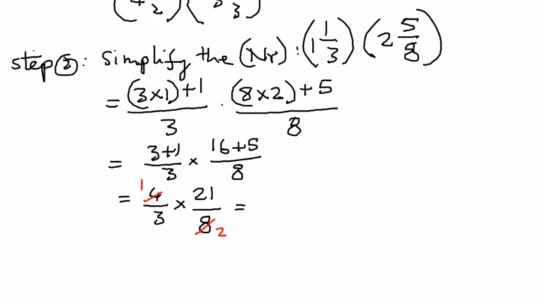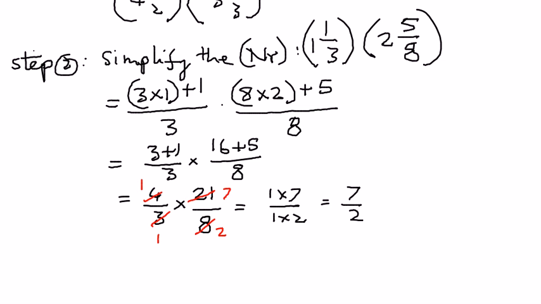And then we have a 21 in the numerator and a 3 in the denominator. 3 times 1 is 3, 3 times 7 is 21. So therefore, this fraction reduces to 1 times 7 divided by 1 times 2, which is going to be 7/2. So that is the numerator part. The numerator simplified to 7/2.